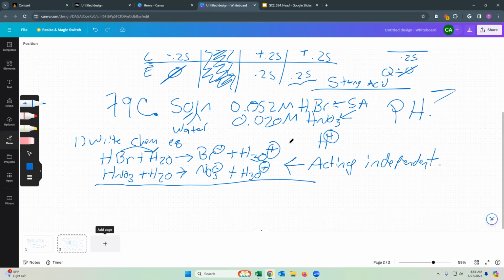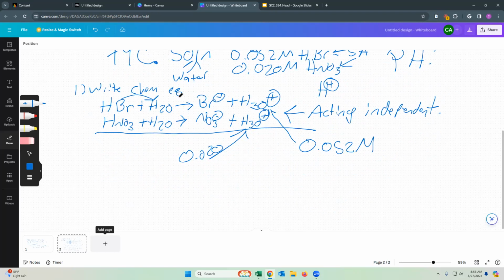So from HBr, the amount of hydronium I created is how much HBr I started with, 0.052 molar. From HNO3, the amount of hydronium I have is 0.020. And this is all in the same beaker. So the total amount of H3O plus I have is 0.020 plus 0.052, which is 0.072 molar.